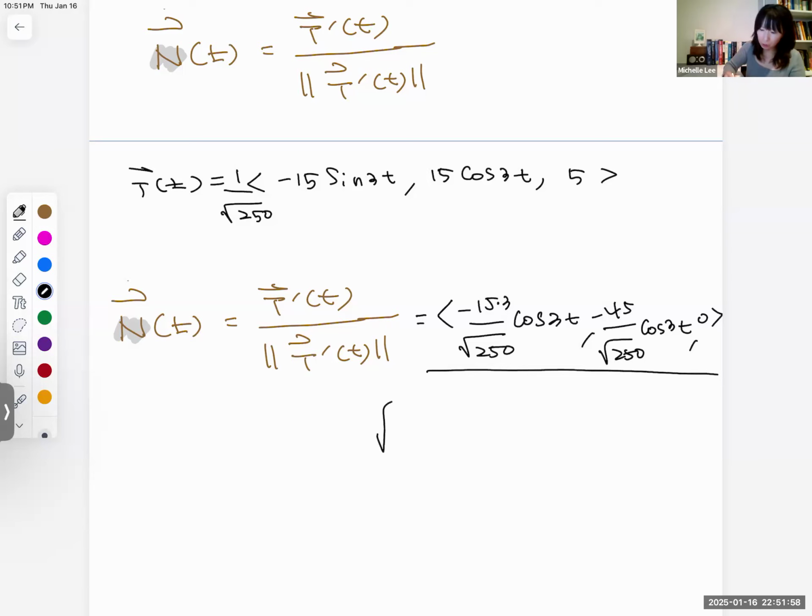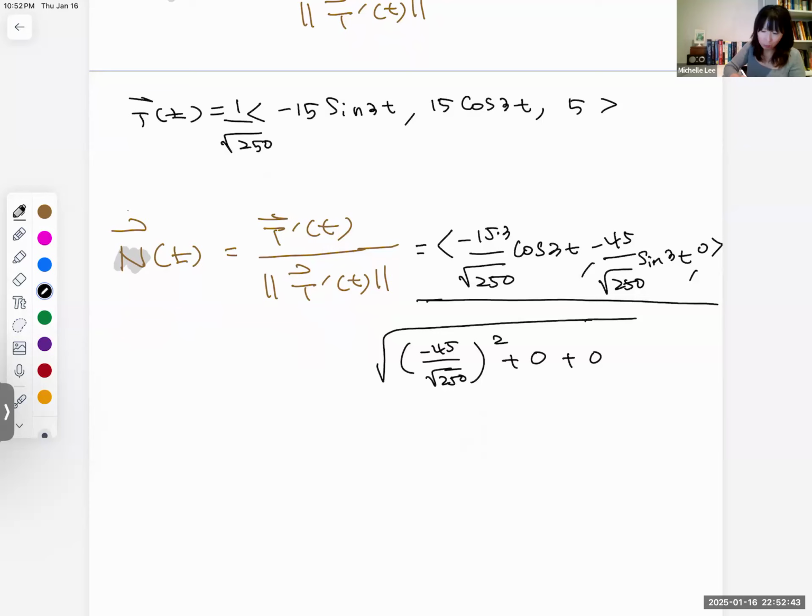So that will be, oh, I made a mistake. So derivative of cosine is a sine. And then I put the negative, right? That is correct. So sine. Okay, so that will be negative 45 over square root of 250. Cosine 0 is 1, right? And second one is 0. When t equal to 0, plus 0. Nice.